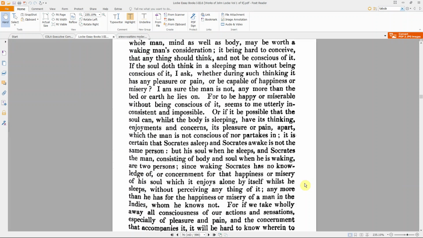So this is a real anticipation of a point we're going to get into more depth about later, this thought of what is a person? What would it be to be the same person?